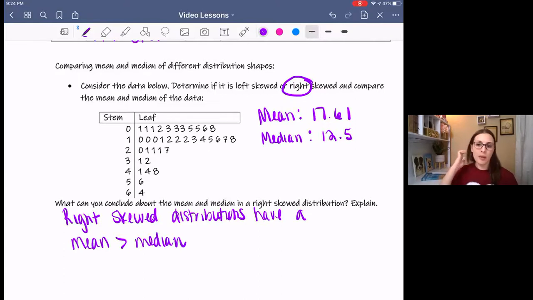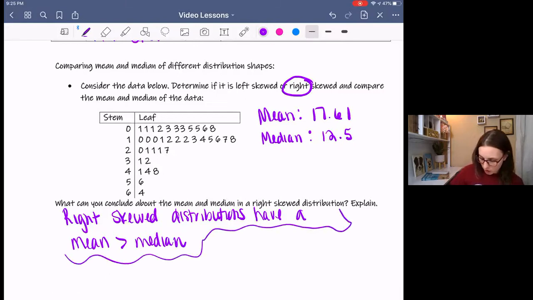Okay, so the mean pulls, it skews that data. You can think of it as pulling that tail to the right because it's larger. So it means you have maybe an outlier that's larger than the rest of your data, which skews your data. And if we were talking about left skewed, the median would be greater than the mean.